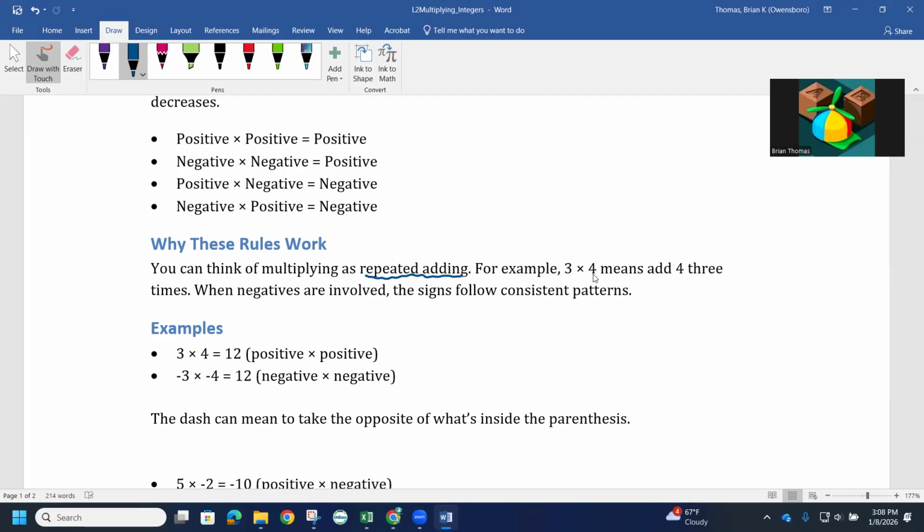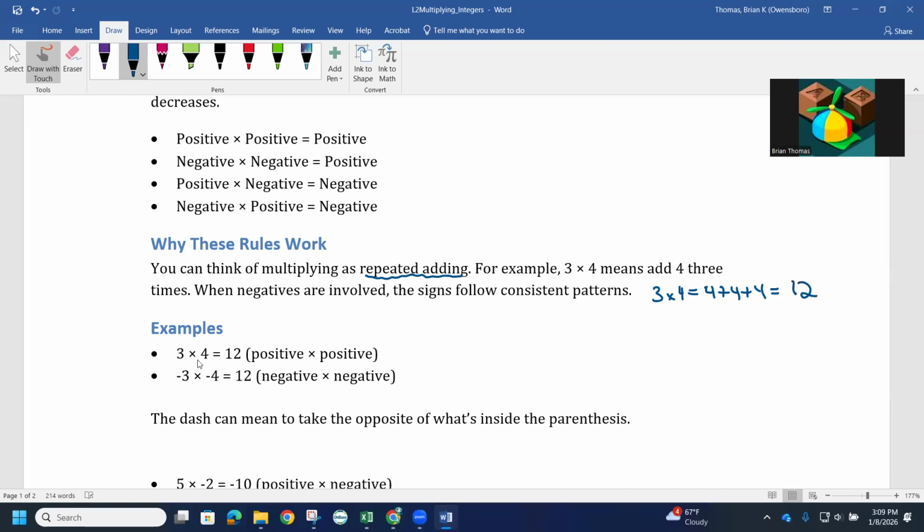So keep in mind, 3 times 4 means 3 fours. Or in other words, 3 times 4 is the same thing as 4 plus 4 plus 4. So keep that in mind. The answer would be 12.